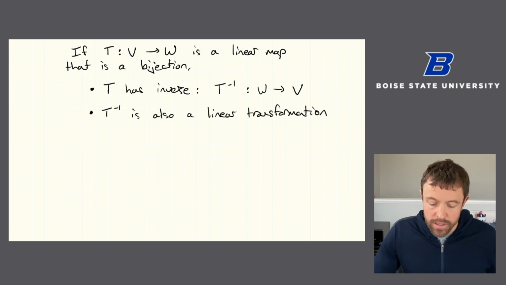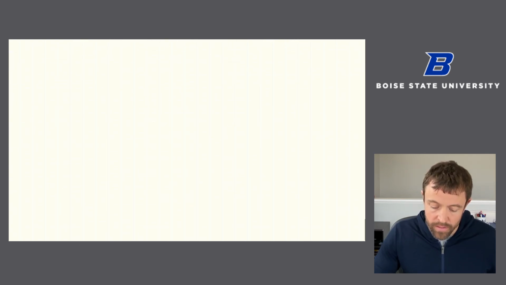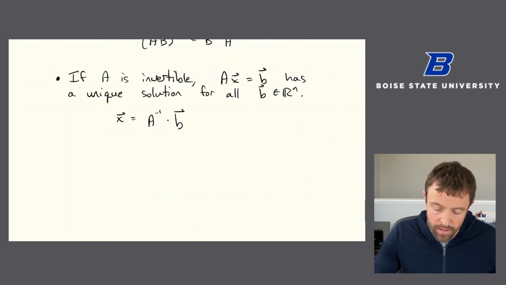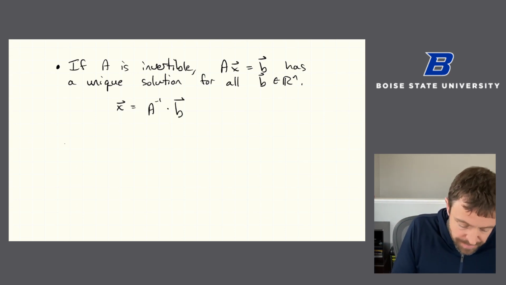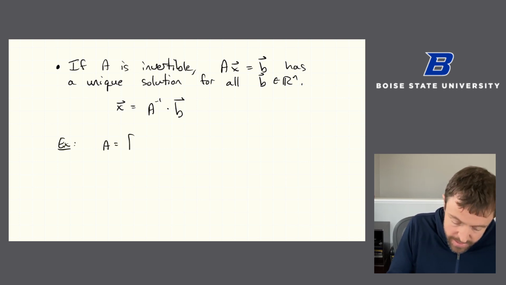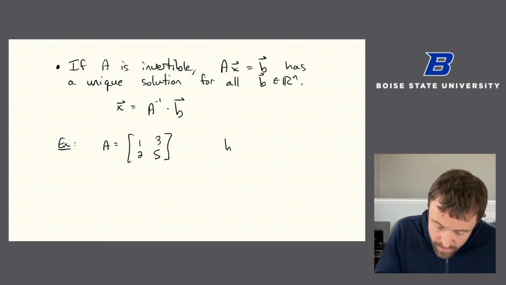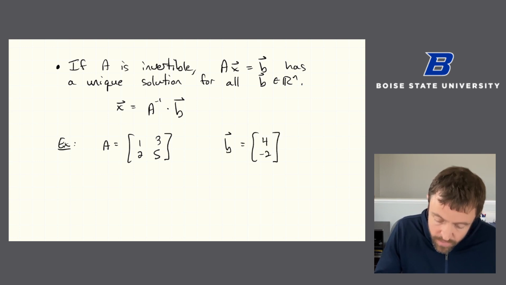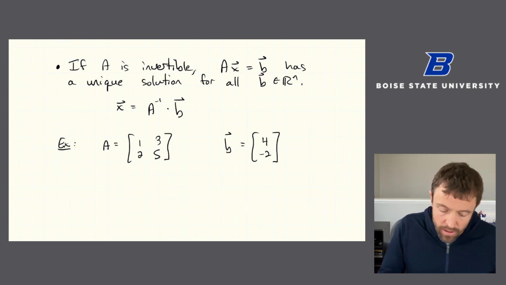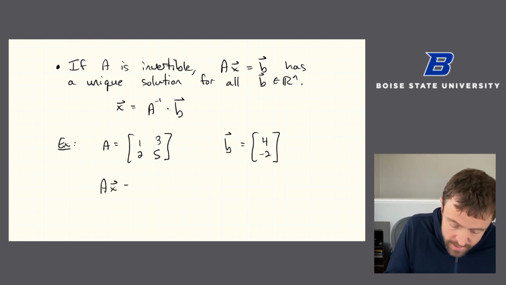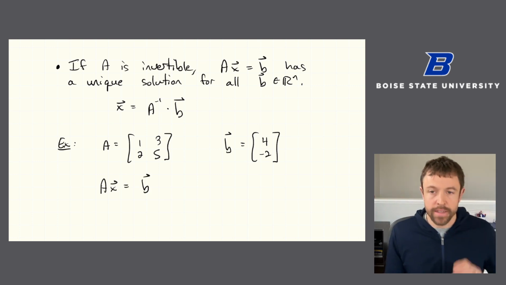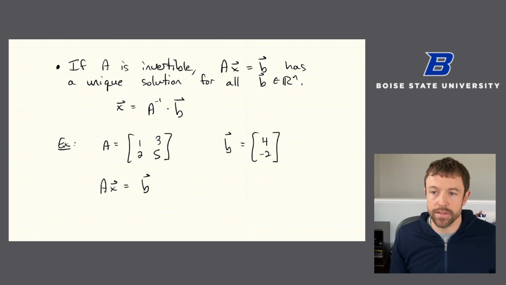Let's say I want to solve the system. Here A is the matrix 1, 2, 3, 5. And let's say I choose, I don't know, 4, negative 2. I want to solve AX equals B. This has a unique solution because A is invertible.